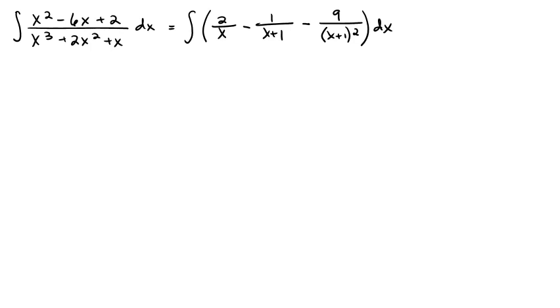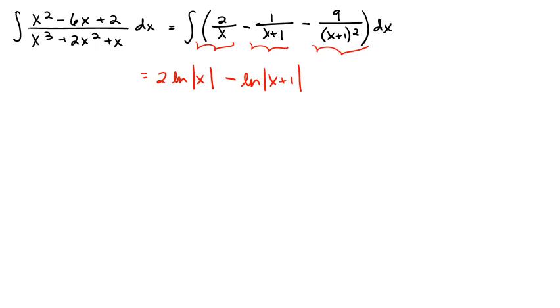So now what I can do is integrate each of these fractions individually. So when you integrate this first fraction, 2 over x, this becomes 2 times the natural log of the absolute value of x, minus this one becomes the natural log of the absolute value of x plus 1.